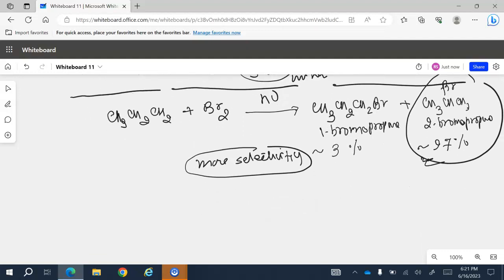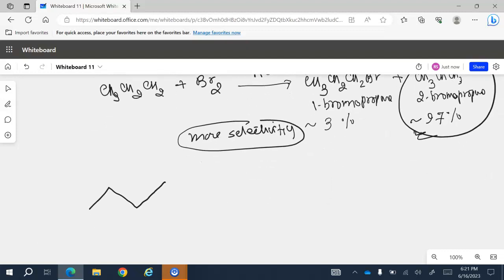Now let's do one very quick practice problem. Suppose you have 2-bromobutane, resulting from, say for example, butane reacting with bromine in presence of sunlight.